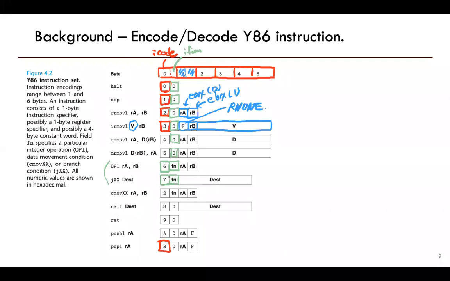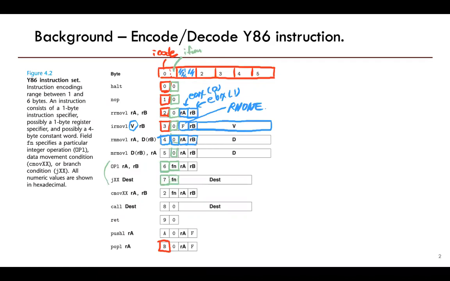And then next is our RM move instruction. The first 2 bytes are the same as the RR move instruction, right? So instruction code, function ID, but not used, and then RA, RB register IDs.